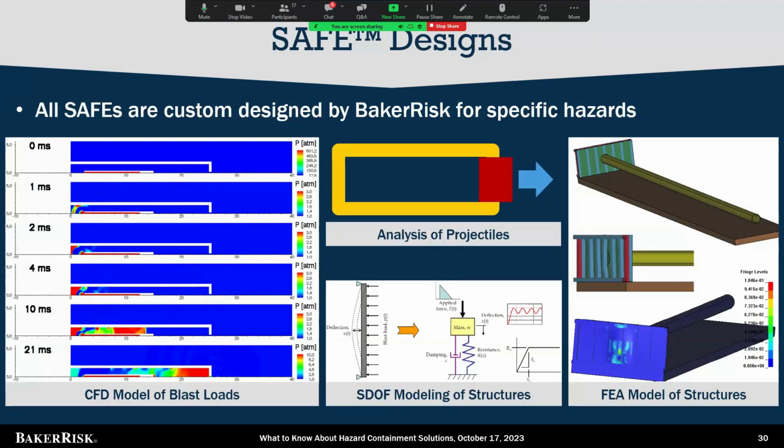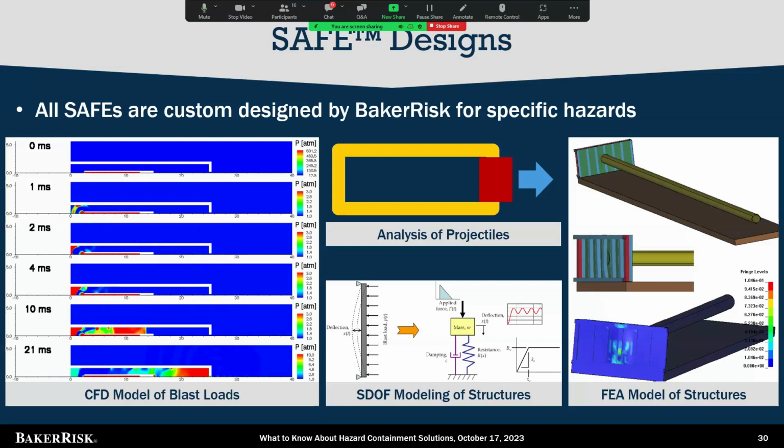One thing of note, all shock and fragment enclosures from BakerRisk are designed using methods that have been validated, and they've all been custom designed for the specific hazard at hand. Typically, if there's a blast load hazard, BakerRisk will model that with a CFD model shown on the left. And you can see as marching through different times, this is an example of a sudden release of high pressure gas in an enclosure.